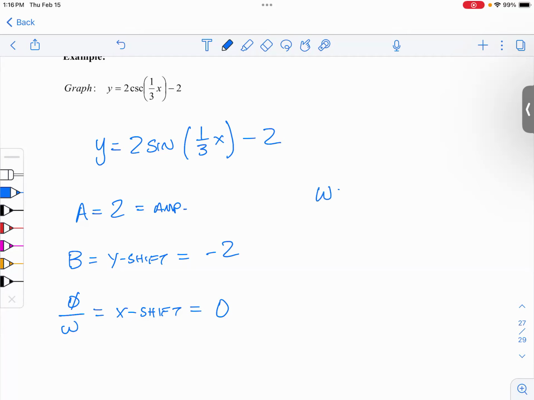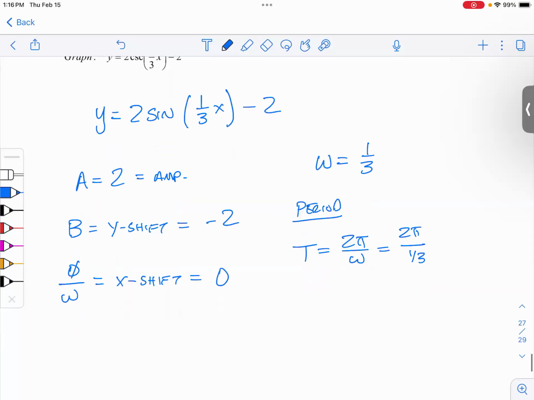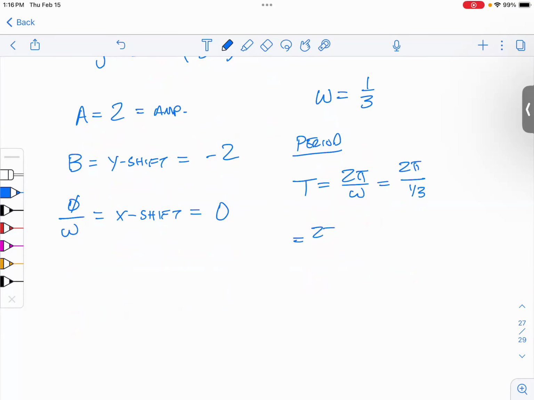We do, however, have an omega, which means our period is adjusted. But hopefully this shouldn't be too bad. Oh, that wasn't too bad at all. Instead of a normal period of 2 pi, our period is 6 pi. So everything is actually just stretched out.